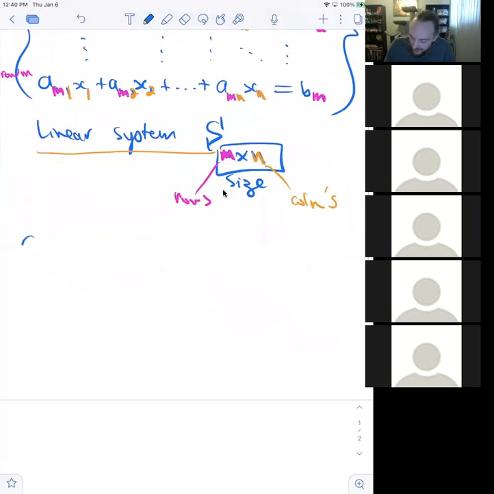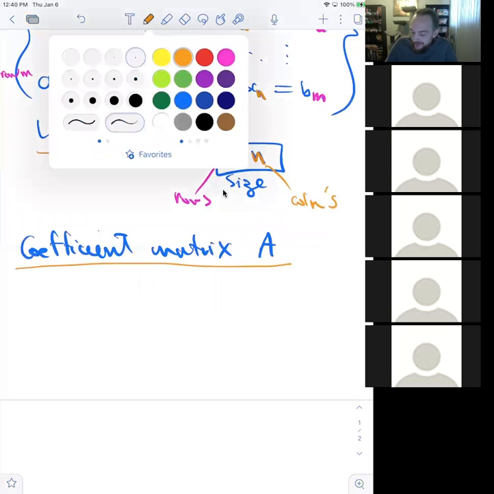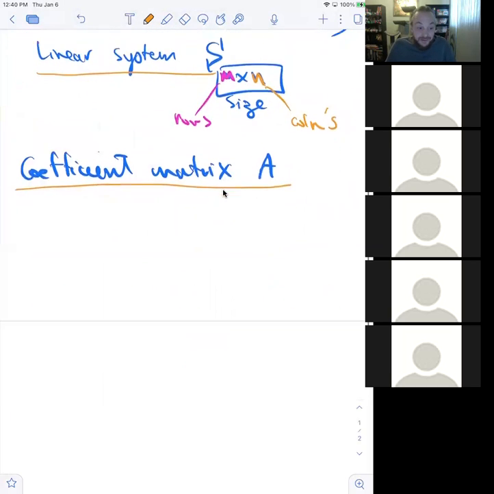So what is the coefficient matrix? A. This will be just the coefficients standing in front of the variables.